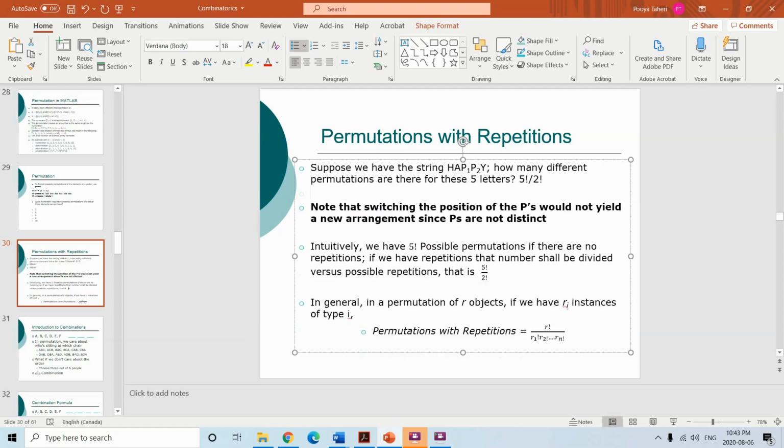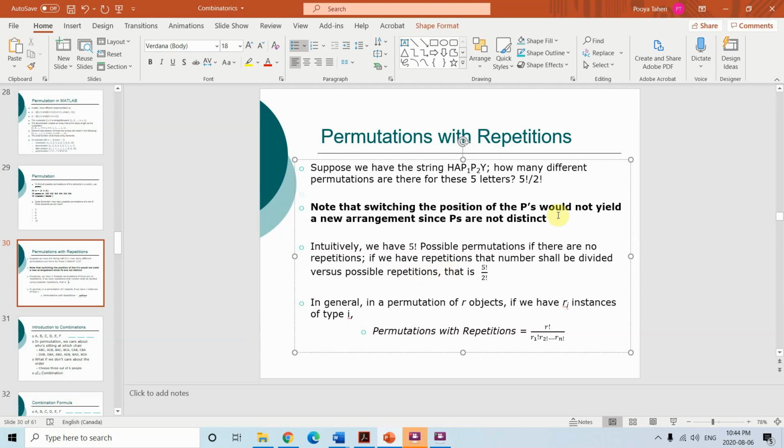Okay, so switching the position of the P's would not yield a new arrangement since P's are not distinct. We have 5 factorial possible permutations if there are no repetitions. If we have repetitions, that number should be divided by the possible repetitions.